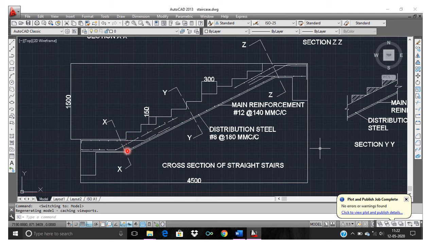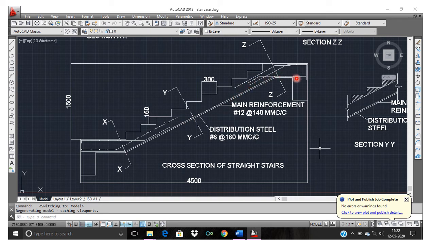From the beginning of the staircase to the end of the staircase, we have three cross sections at XX, YY, and ZZ. Two reinforcements are provided throughout the staircase at the bottom of the waist slab. The continuous line is the main reinforcement, and the dotted one is the distribution reinforcement.